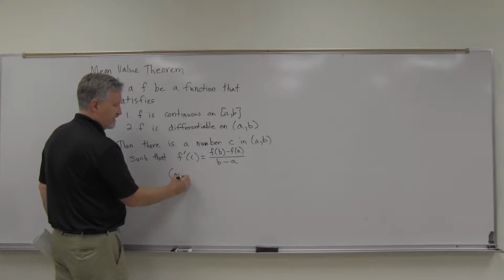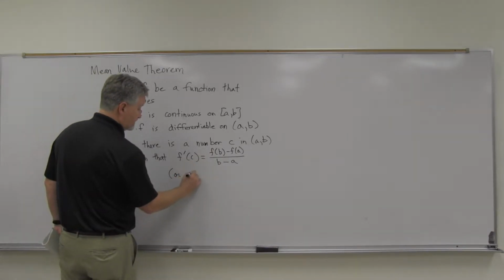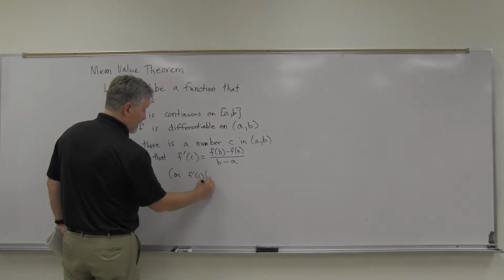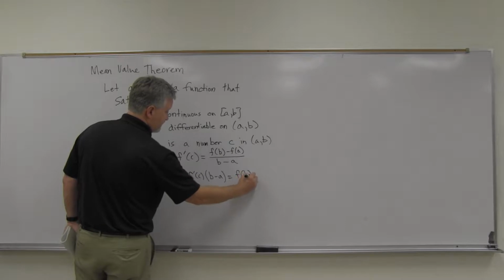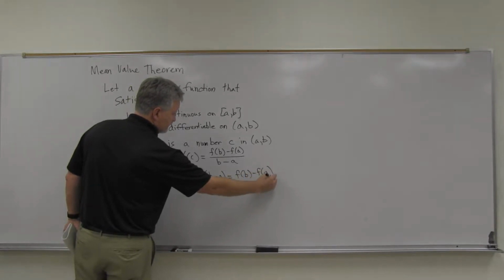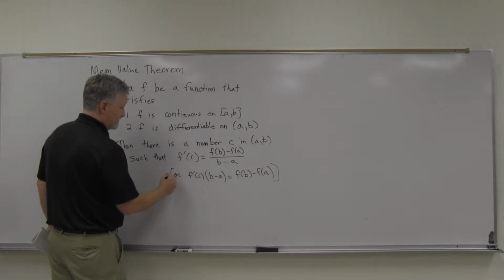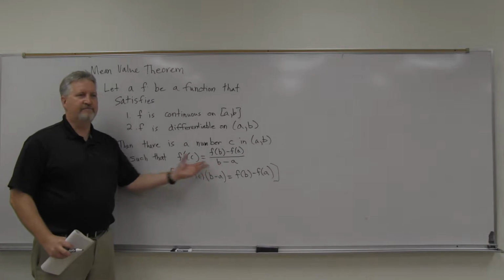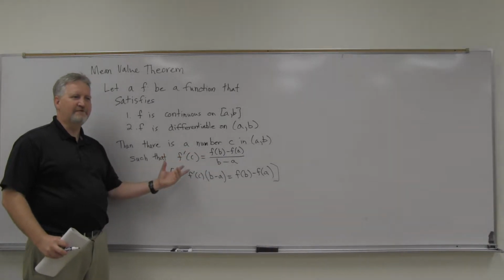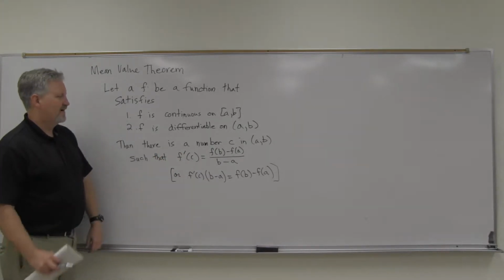Instead of f prime of c equals that, you could say f prime of c times b minus a equals f of b minus f of a. It's the same thing, they just multiplied both sides by b minus a.